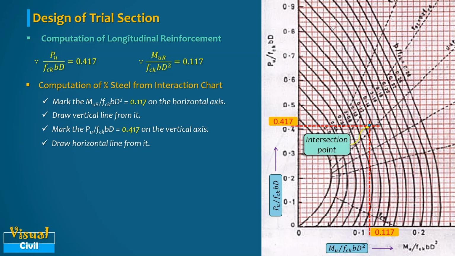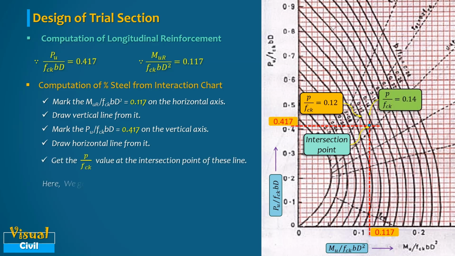Here, this point is approximately between the p by fck curves for 0.12 and 0.14. Hence, we can consider the value of p by fck at this intersection point equal to 0.13. So, after putting the value of fck, we get the percentage steel required as 3.9.